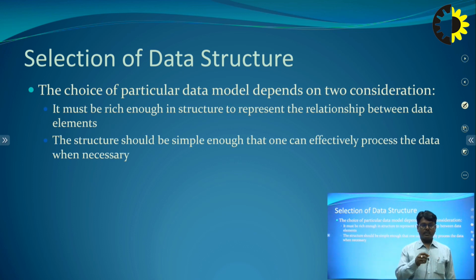The first was to check the relationship between the data elements, and the second is that it should be simple enough, readable enough that anybody can understand that this is the particular data structure which we needed here.